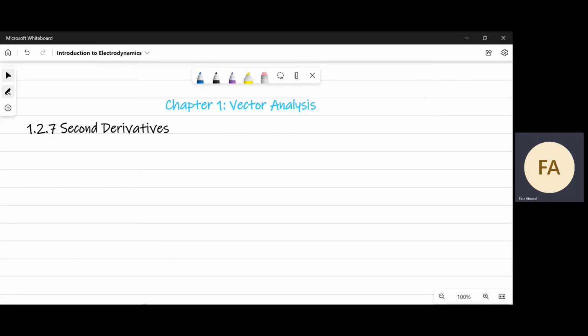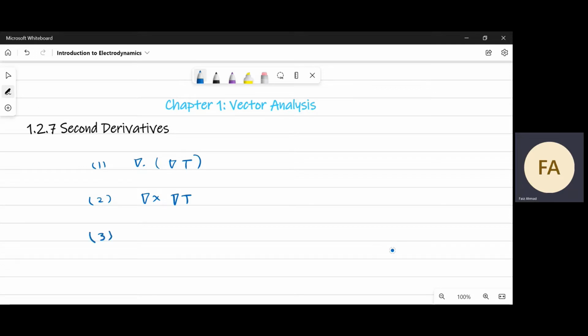So the first is divergence of gradient. And the second is curl of gradient, two from the gradient, and gradient of gradient has no meaning.